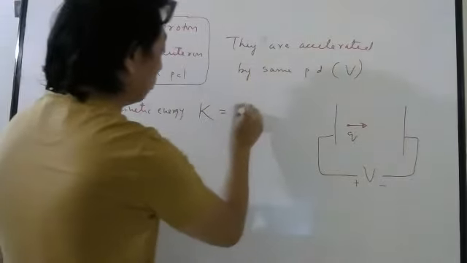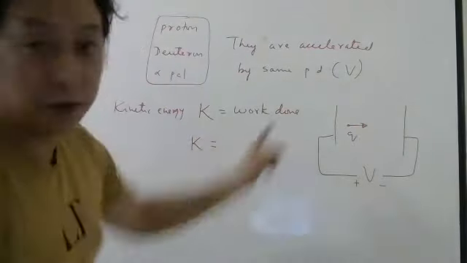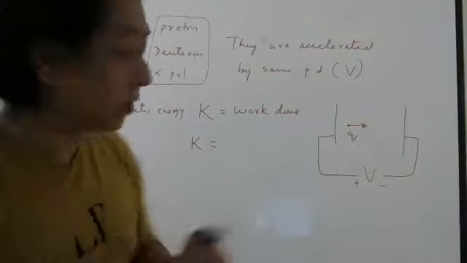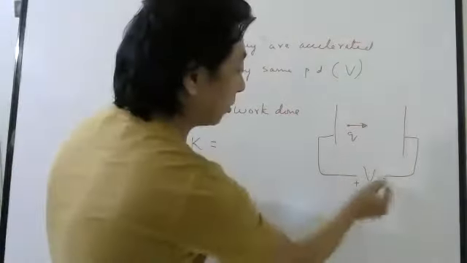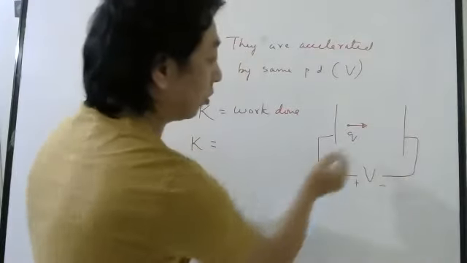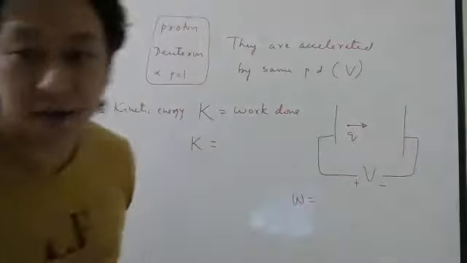So the kinetic energy gain will be equal to work done. Yes or no? This is from first PU, work energy theorem. Kinetic energy gain will be work done. What is the work done by this potential difference on this charge Q? What was the formula?